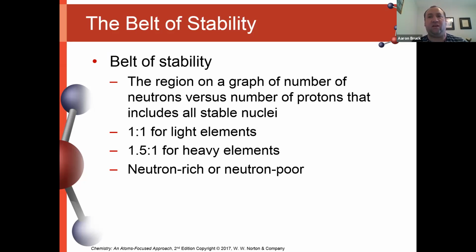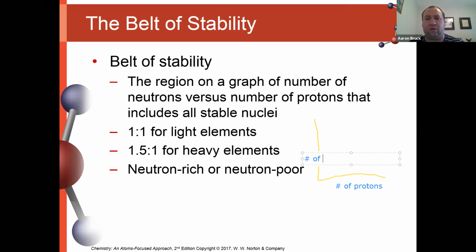To that end, what we end up talking about is something called the belt of stability. Now, the belt of stability is just a graph. On the graph, we will have protons on one of the axes, and we will have the number of neutrons on the other axis.